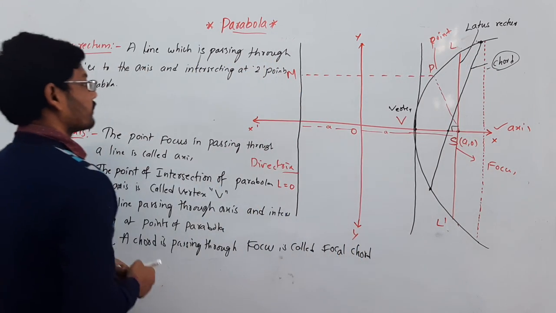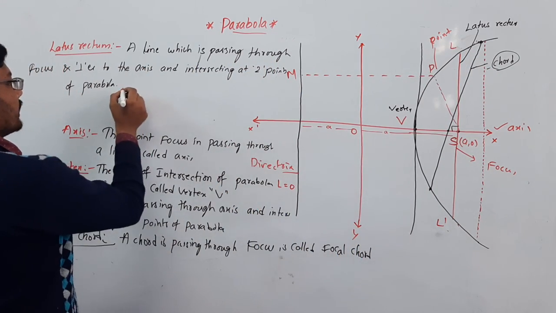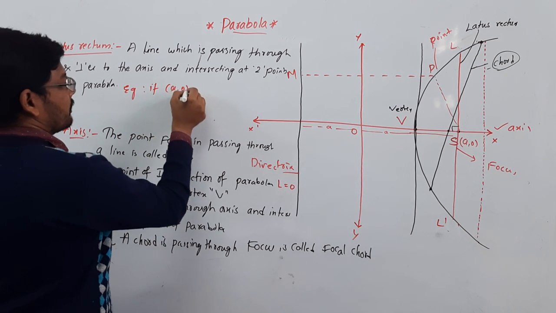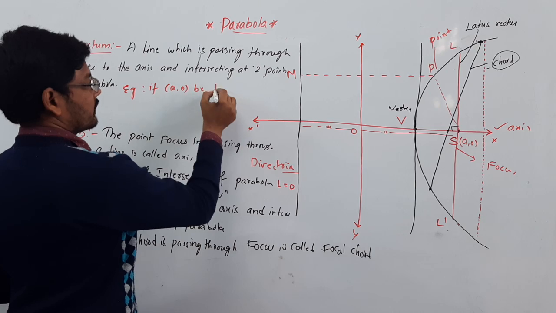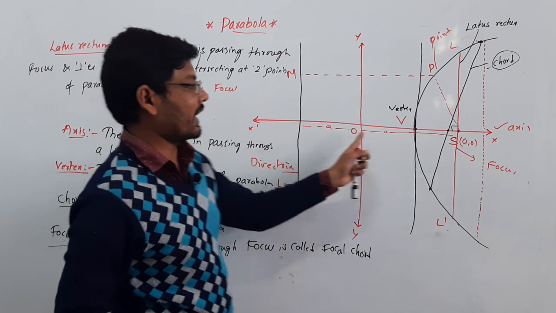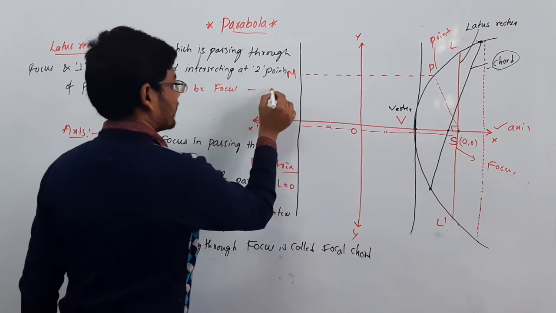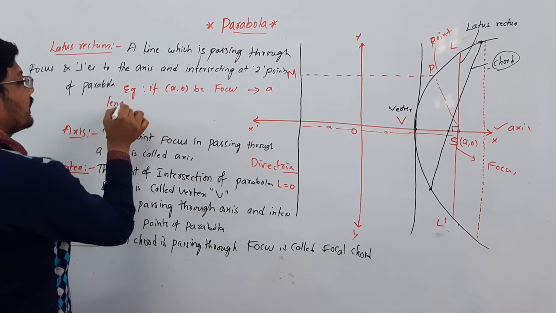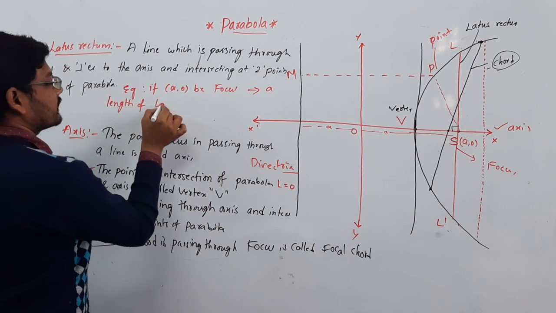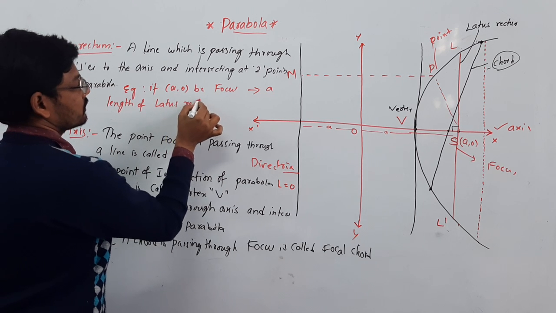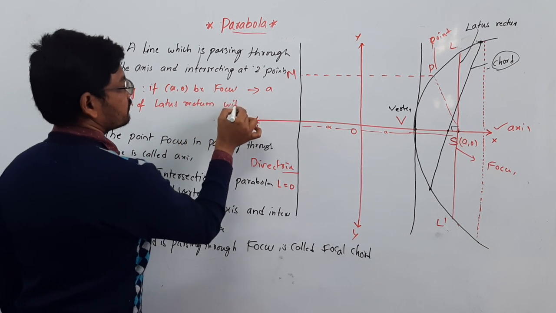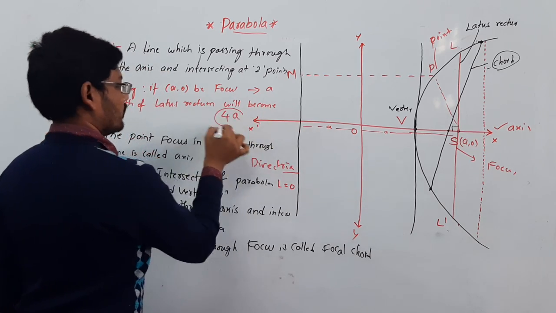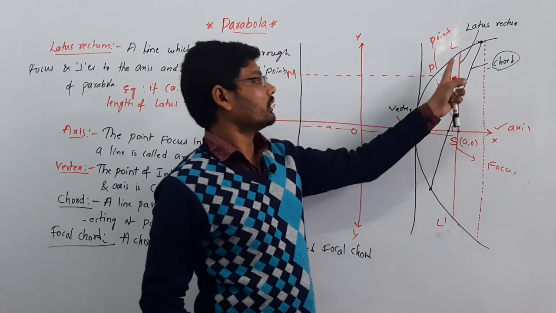For example, if (a, 0) is the focus and the distance to the axis is a, then the length of latus rectum will become 4 times a.